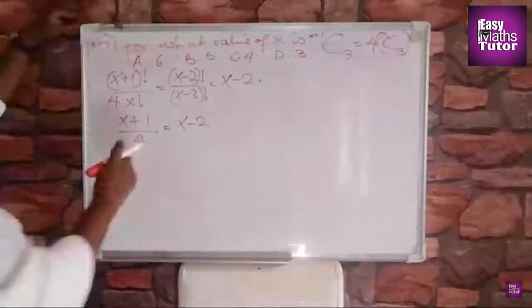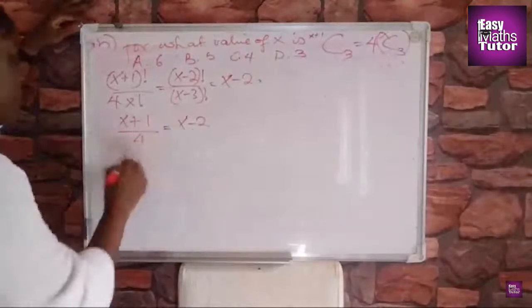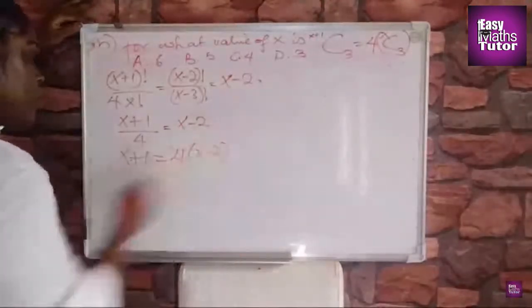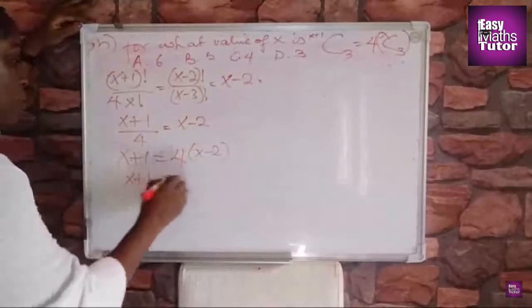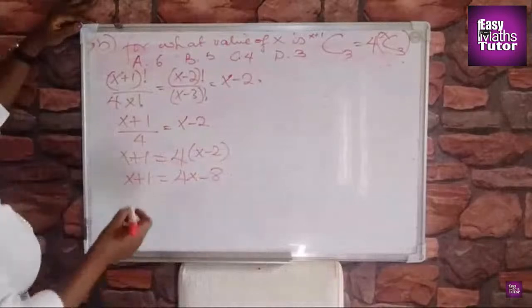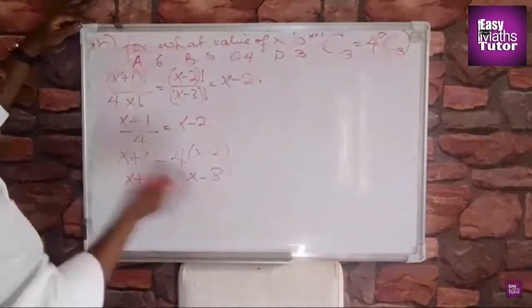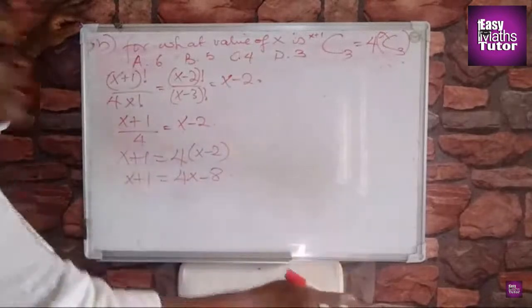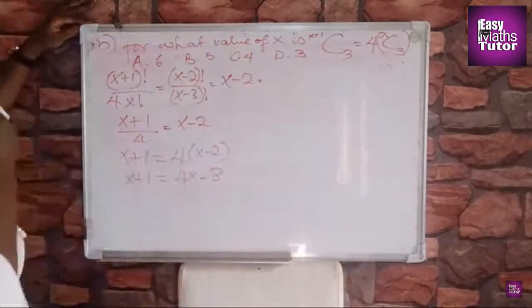So we'll bring 4 up. We'll have x plus 1 equal to 4 times x minus 2. That's x plus 1 equal to 4x minus 8, right? So let's move everything to one side. We want x's to be on one side and the simple numbers on another side.